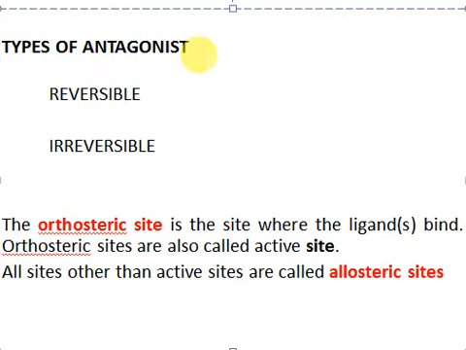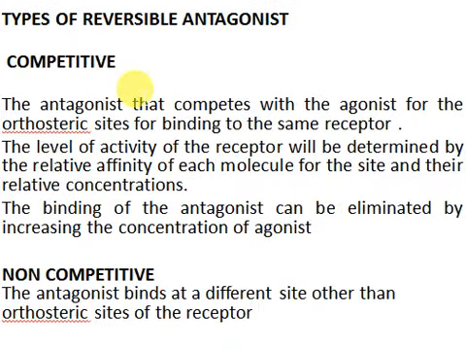Whenever you say active site, it is actually the orthosteric site. It's the place where the ligand should bind, while all sites other than the active site are called allosteric sites. So the ligand binds at the orthosteric site, while the sites other than the orthosteric site are called the allosteric sites.